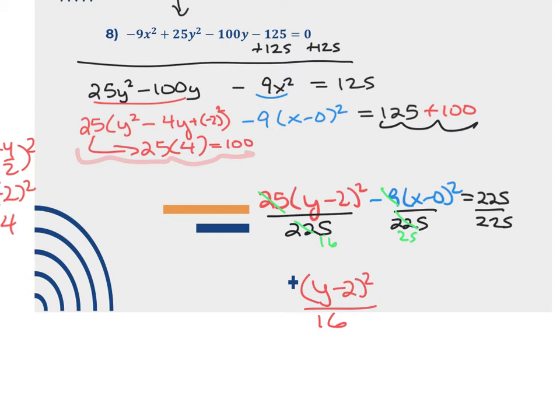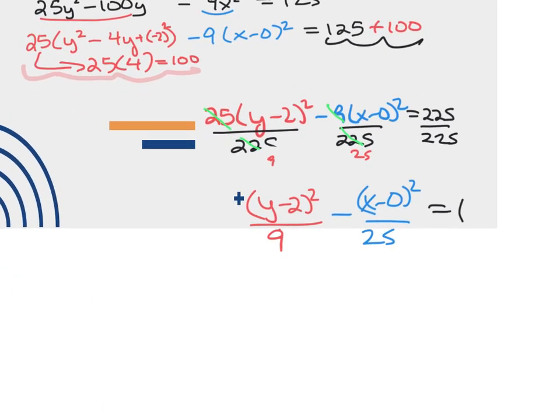Sorry, this goes in 9 times. Let me fix this. Goes in 9, and then this is the 25. So over 9, and then x minus 0 squared over 25, and the whole thing equals 1. Again, for WebAssign, simplify the blue to just x squared.